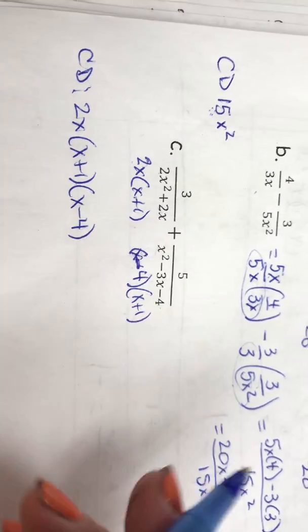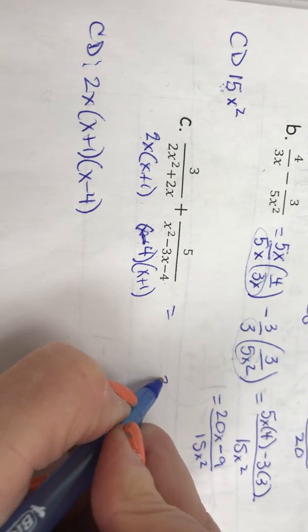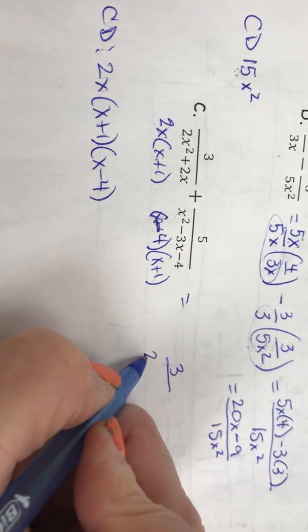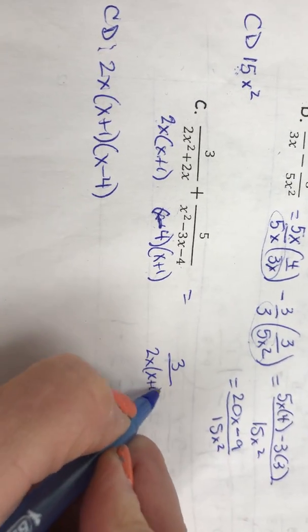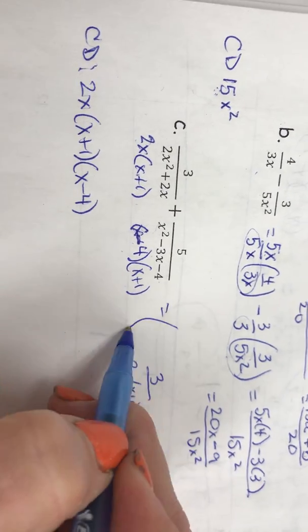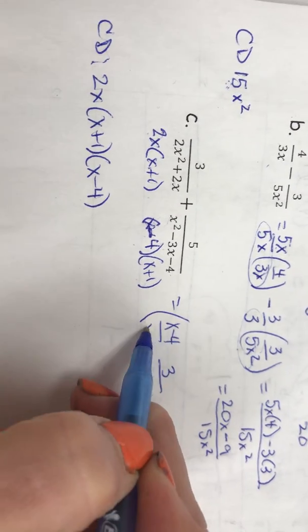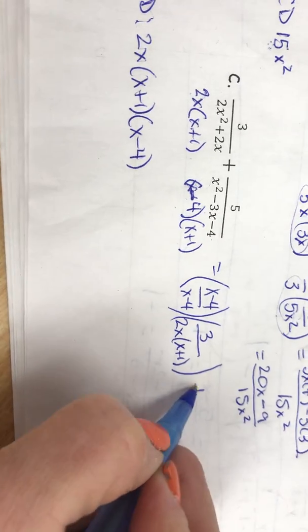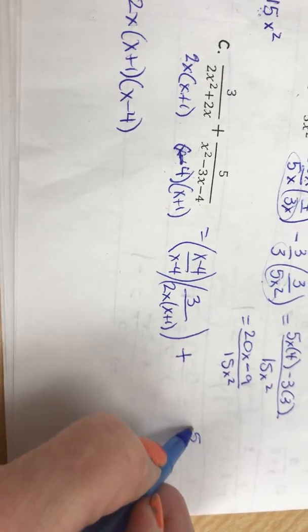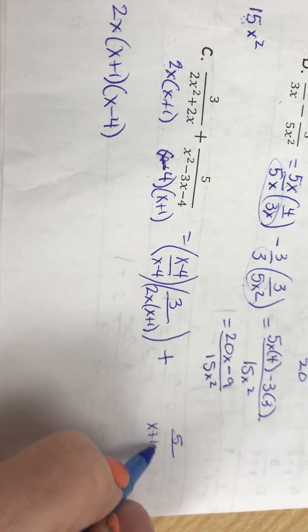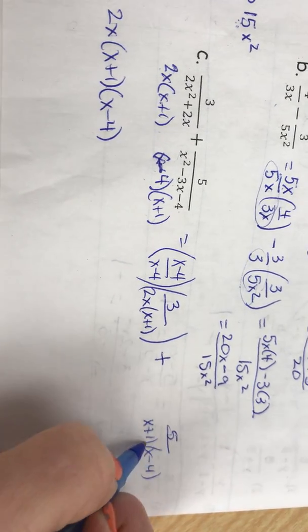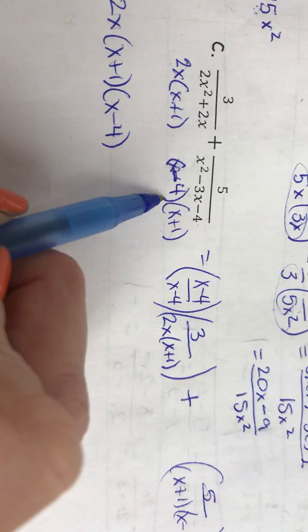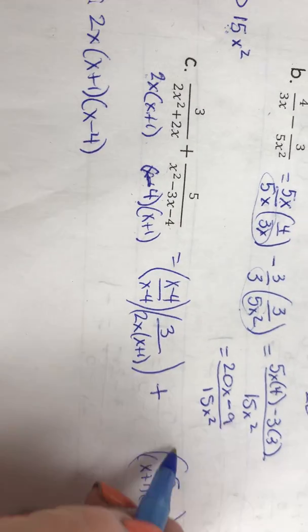So this 3 over 2x times x plus 1 is missing the x minus 4, plus this 5 over x plus 1 times x minus 4 is missing the 2x.